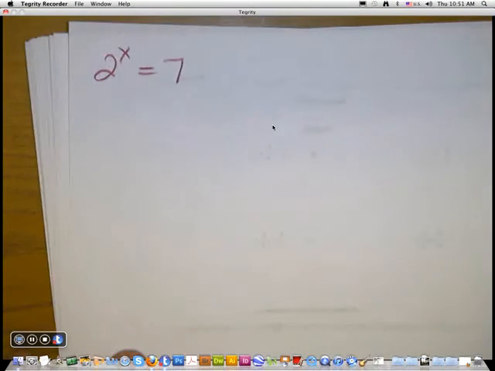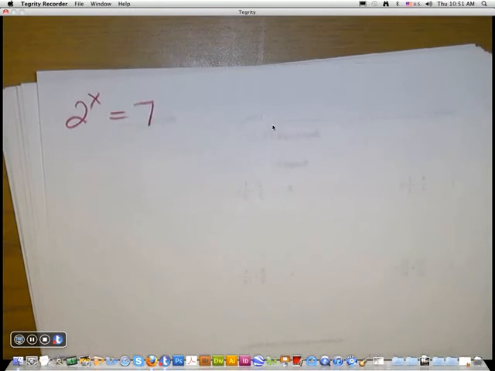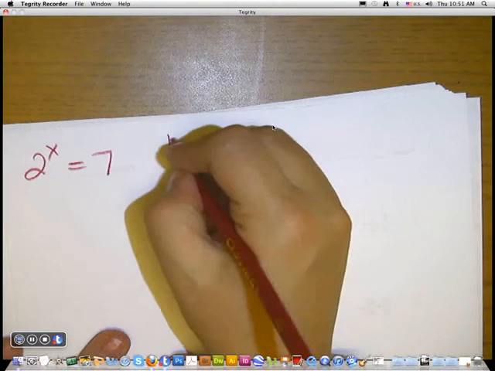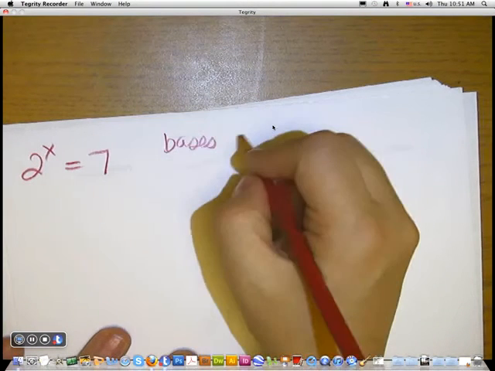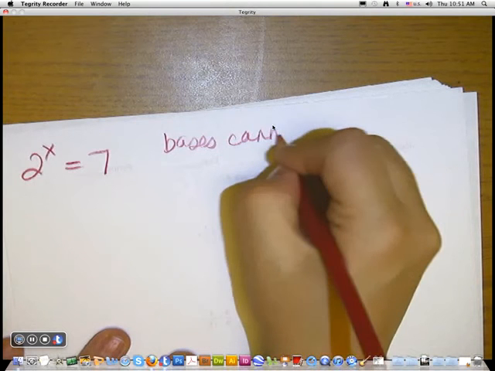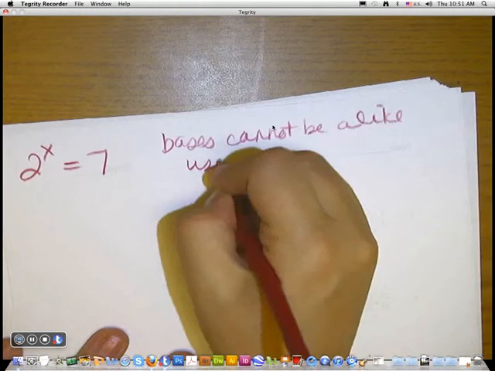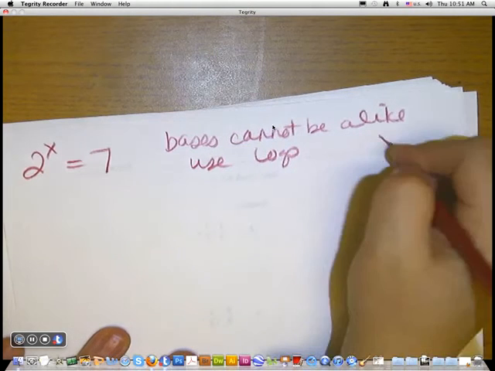There is absolutely zero chance that 2 is going to give me 7, or 7 is going to give me a 2. So when bases are not alike or cannot be made alike, we're going to use logs.